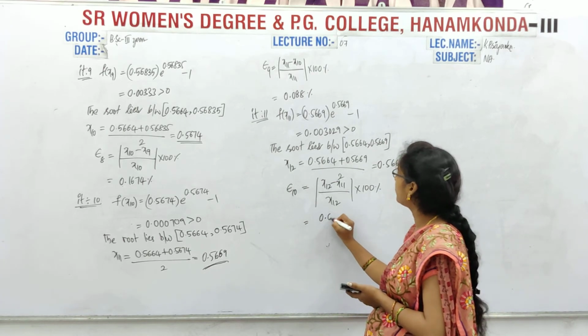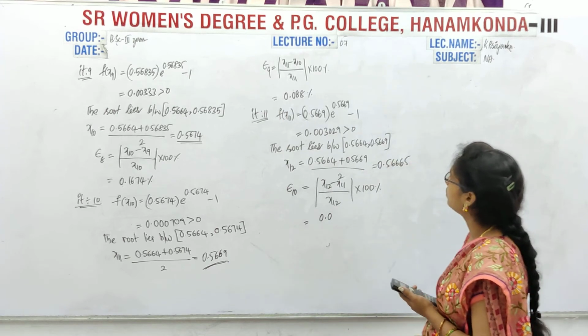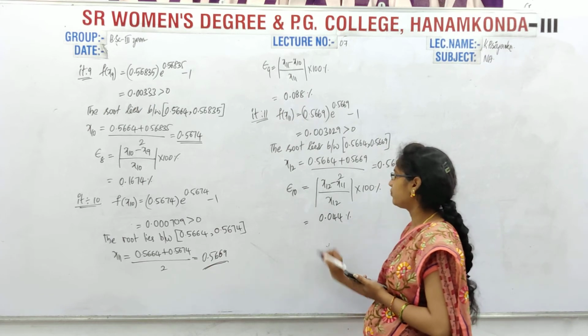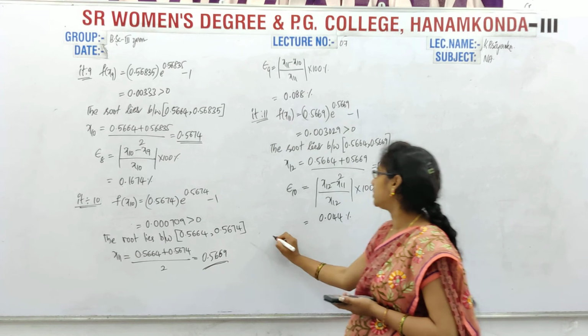Now it is 0.044 percentage. Now simply we have a very near value, so again I am going for the next iteration.